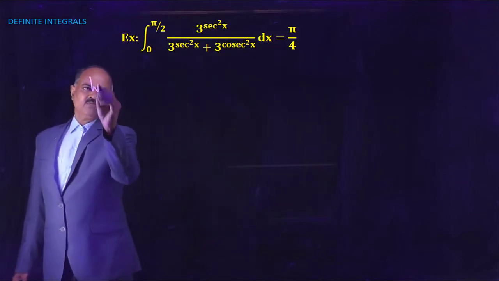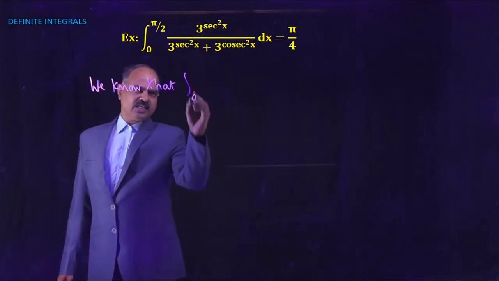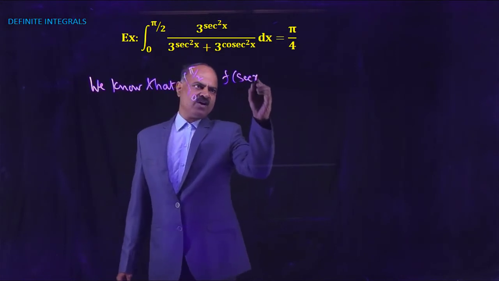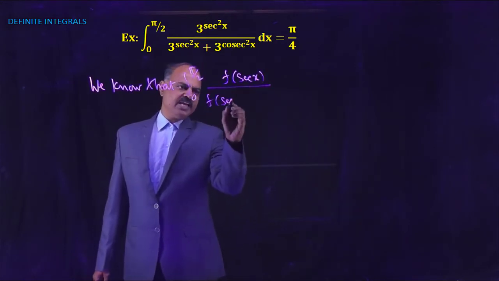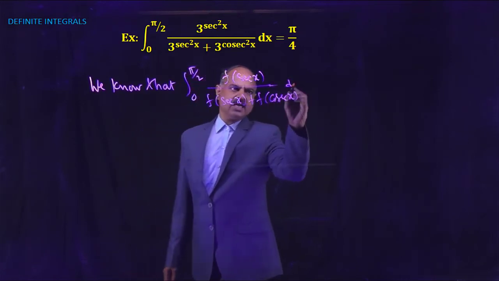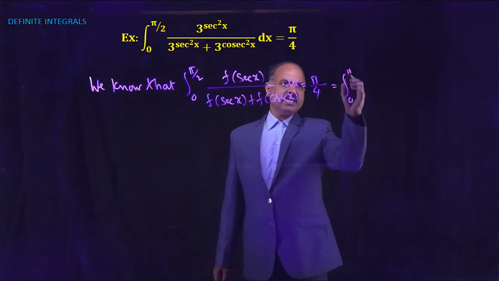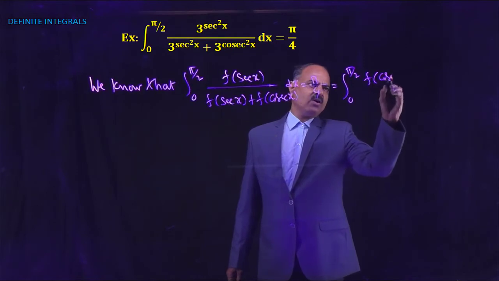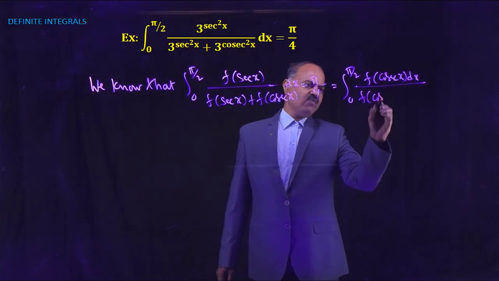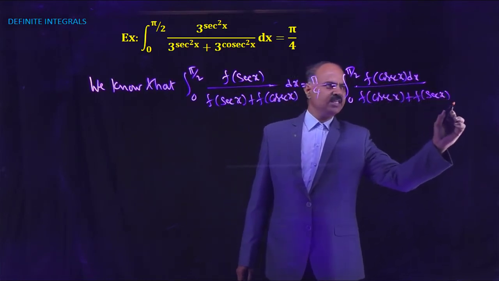We know that integral 0 to pi by 2 of f of secant x by f of secant x plus f of cosecant x dx equals pi by 4, that is equal to integral 0 to pi by 2 of f of cosecant x dx by f of cosecant x plus f of secant x.